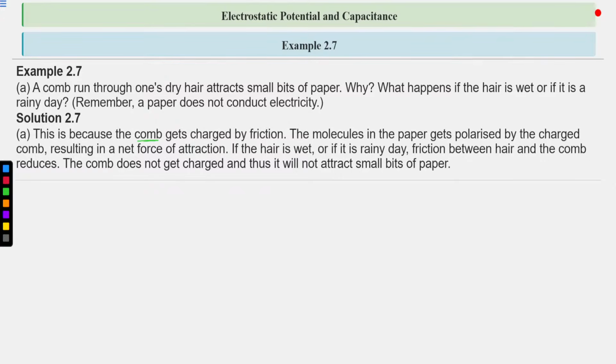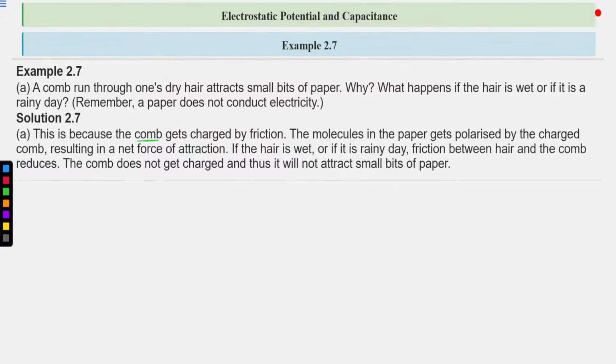So the polarity of charge will depend, but friction induces charge on the comb. When this comb is placed very near to the paper, the paper gets polarized, meaning there is charge distribution or alignment of moments. We will do polarization in detail in the next lecture. So the paper gets polarized, due to which charge appears on the surface of the paper due to induction.